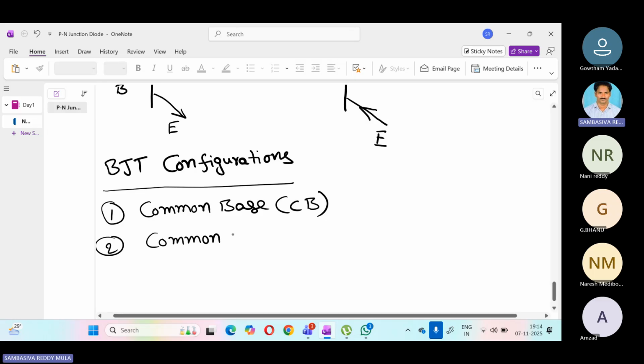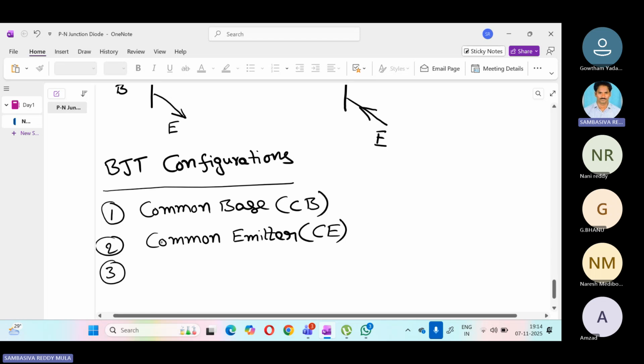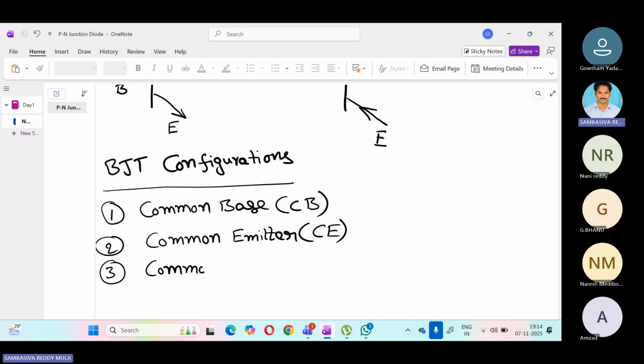As the name suggests, common means it is common between the input and output. The terminal which is common between input and output is called common. So common collector. As this is a three-terminal device, we have three configurations: common base, common emitter, common collector.